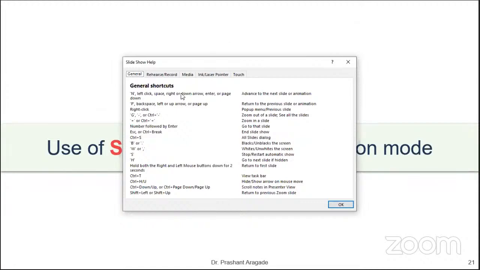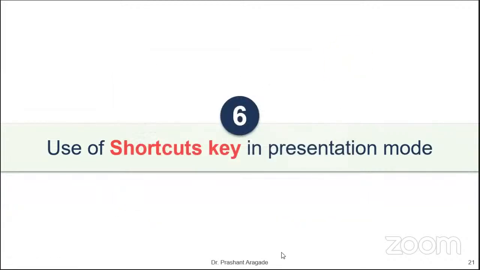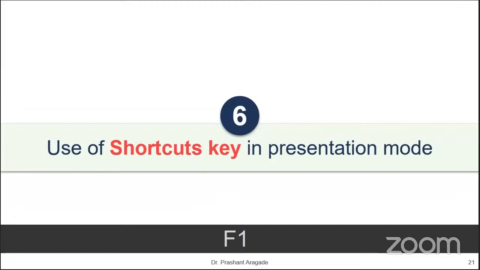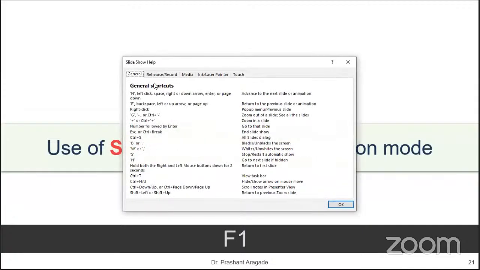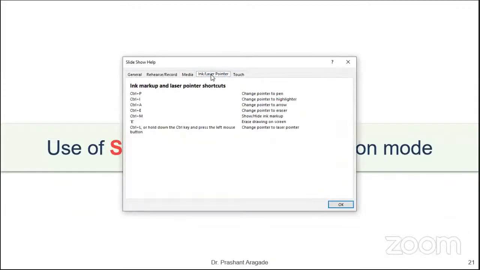Okay, what you have to do to know the shortcut keys when you are in presentation mode: just press F1. You will get the list of shortcuts which are useful.